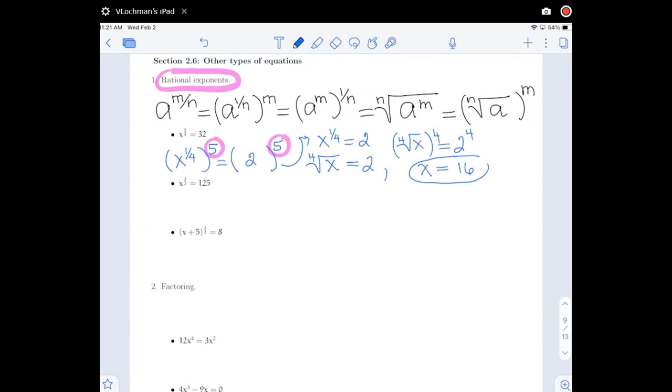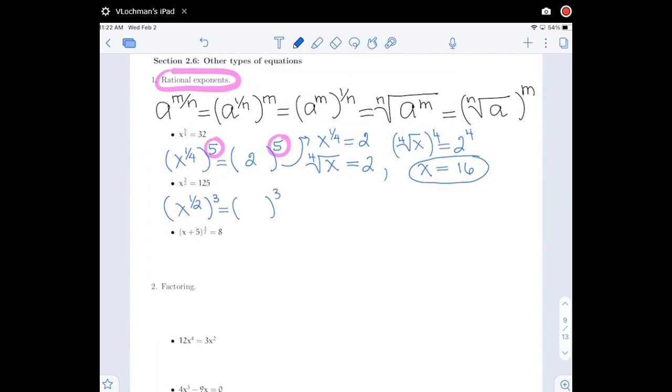All right, let's go ahead and do the other two, and then we'll pause and have a discussion about these equations. x raised to the power 3 over 2 equal to 125. So this is x to the power 1/2 raised to the third power. Can I raise something to the third power and get 125?